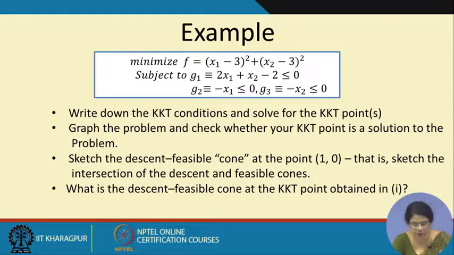I have given to you in the last class, hope you have tried in between. Let me go through all the answers, like how to formulate the KKT conditions, how to get the KKT points one by one.